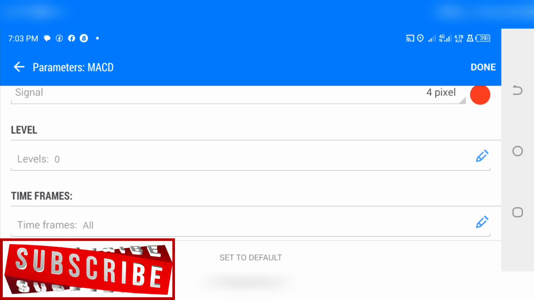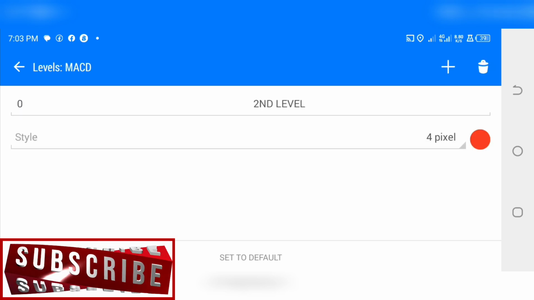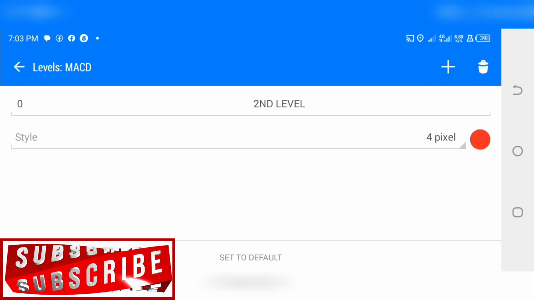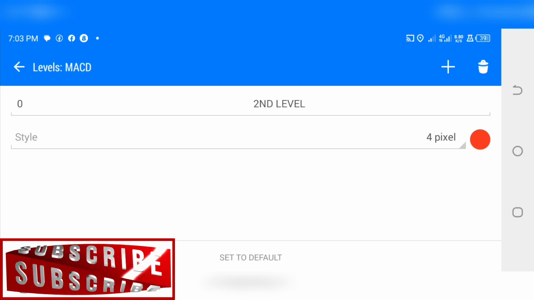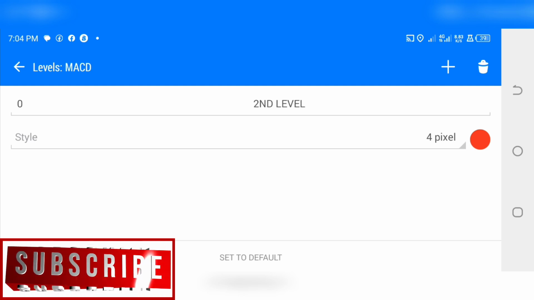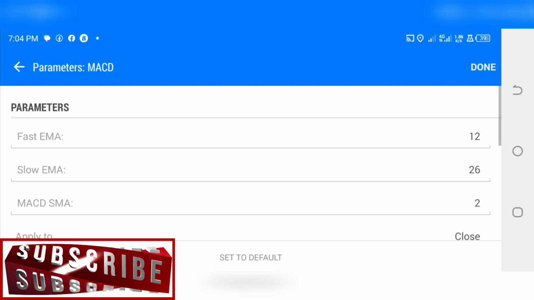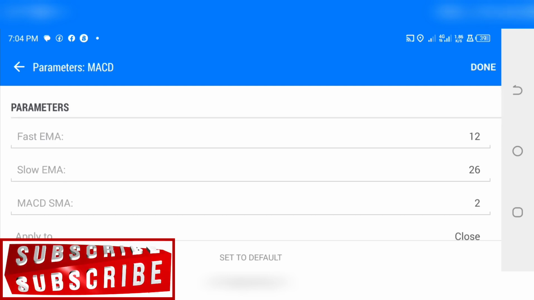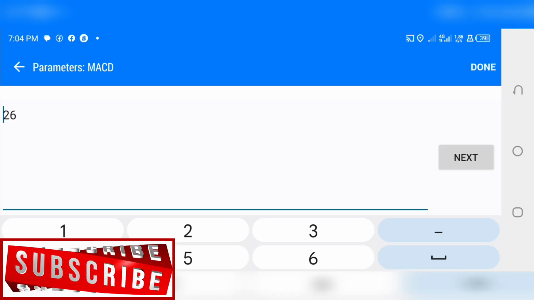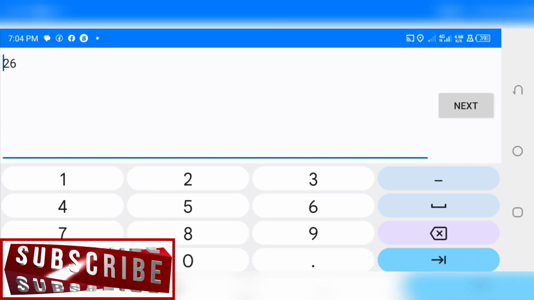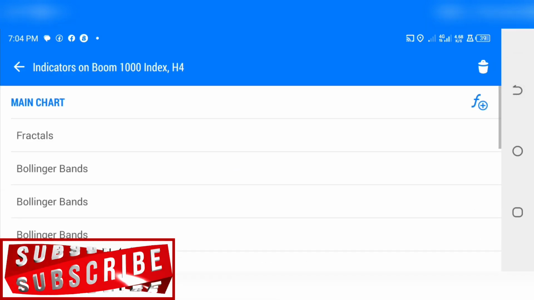Click on the levels and enter this 0; the description is second level. Style is 4 pixel red. So that is it. You go back once and click done.